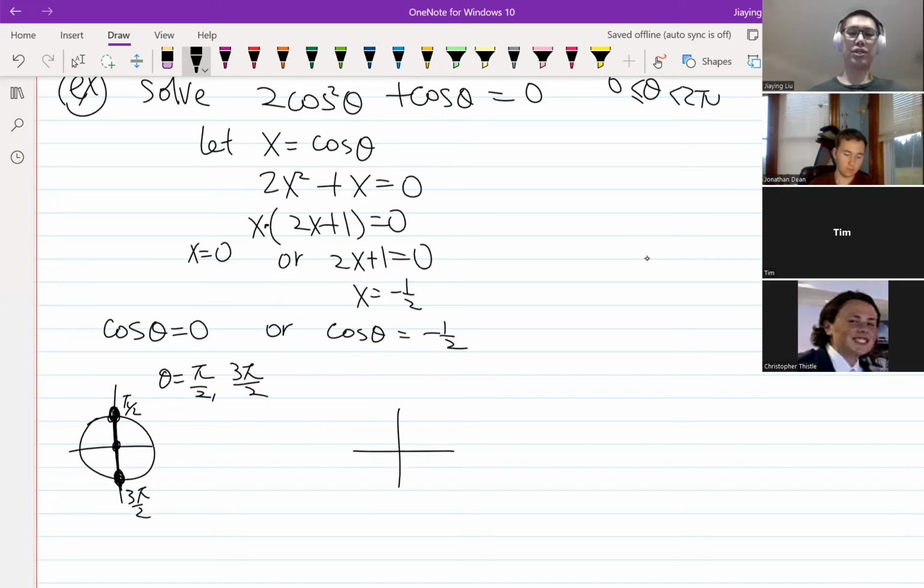From the second equation, we have cosine theta equals -half. So -half is here. If we draw the -half x coordinate, it's going to give us two angles. The first one is here. That's about 120 degrees, which is 2 pi over 3.